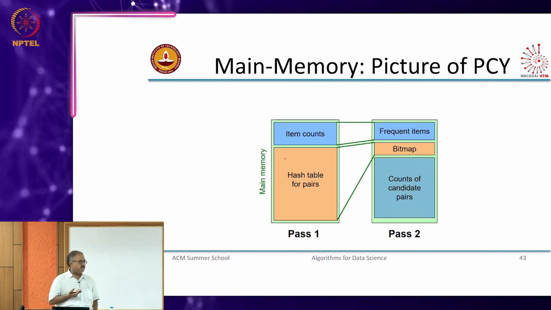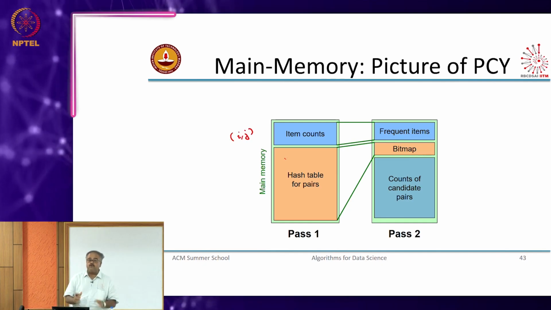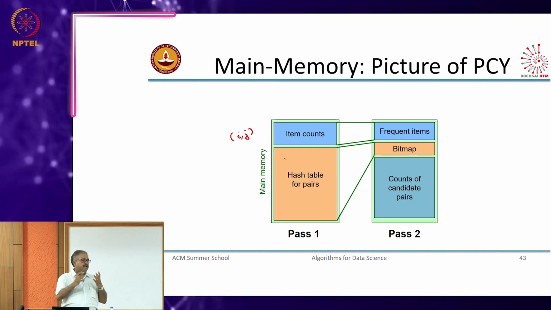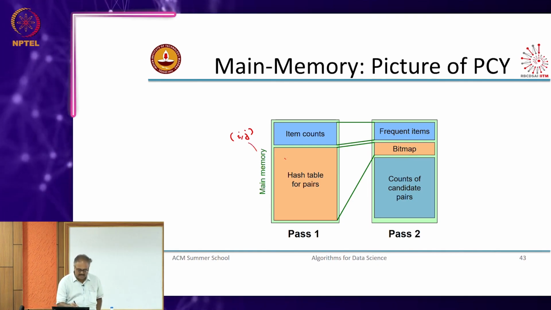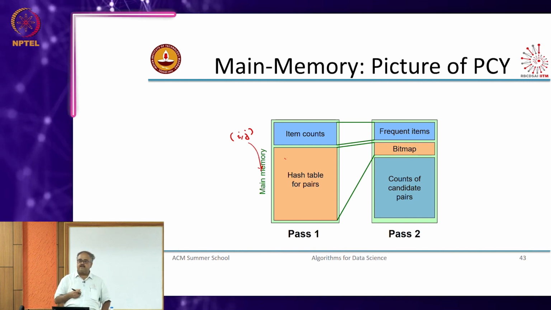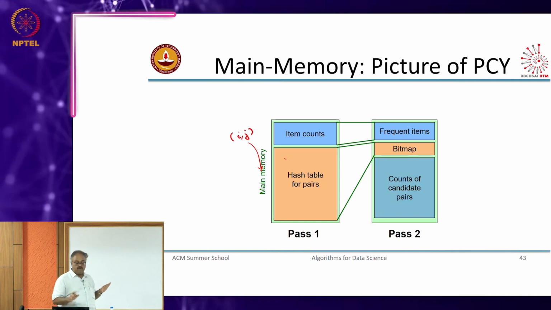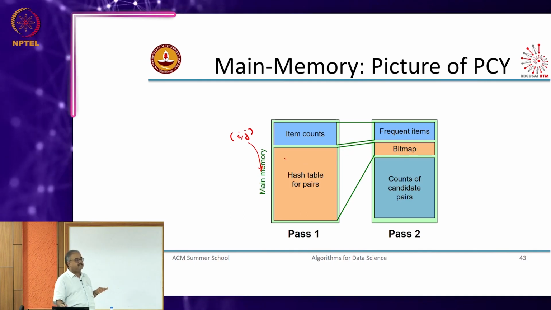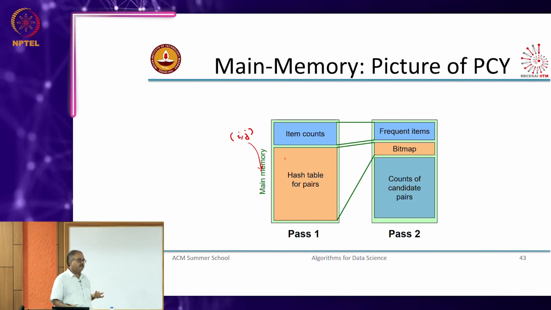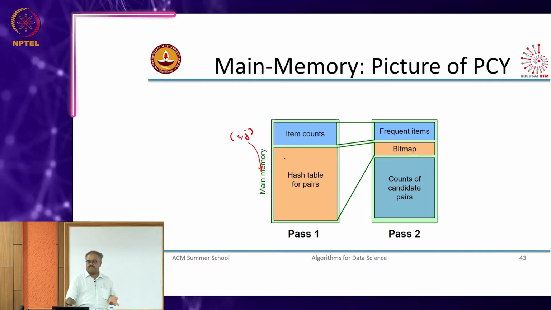So if I generate a pair (i, j), I do not know whether i and j are both individually frequent, but I still generate that pair and hash it into a bucket, so it contributes to the count in the bucket. If i and j are not both frequent, they would never have come into my second stage processing, but they artificially inflate the count of a bucket, and I had no way of filtering it in pass 1.